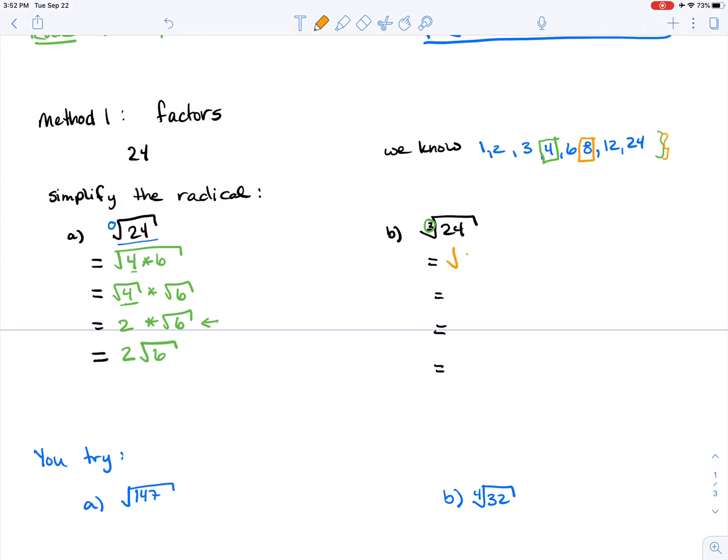So again, I'm going to have 8, and I know it's times 3, and based on our rules, since we're doing cube root here, I can take the cube root of 8 times the cube root of 3, which equals 2 times the cube root of 3, and I can write it without the multiplication sign. It's 2 cube root of 3.